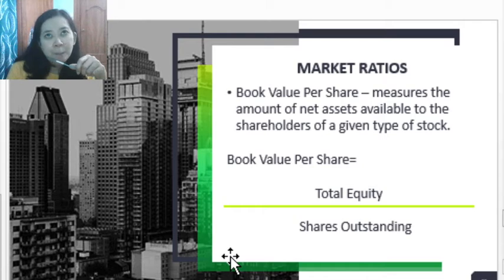Normally, this can be a basis also for the market share, but this is not the only basis for setting the market price of the stock. This only indicates how much value the shareholders have in the corporation. So that's for the book value per share. Of course, the idea here is that the book value per share should be higher.